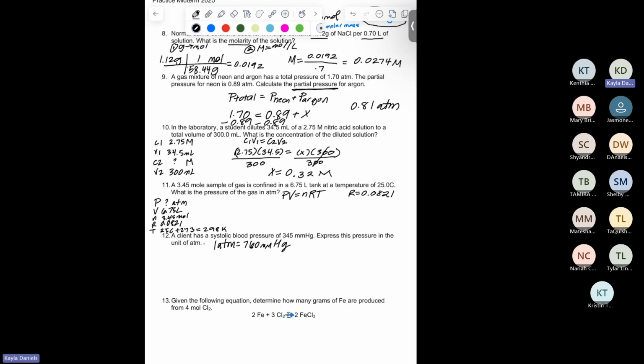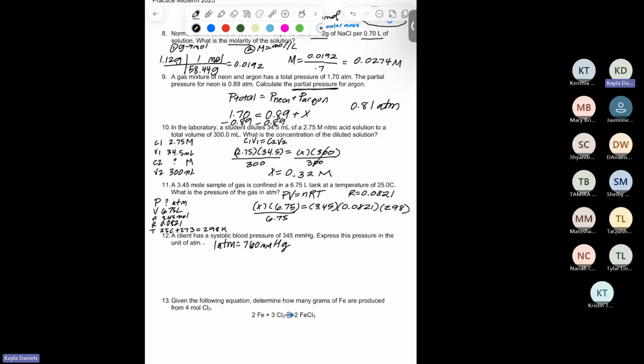So we have P, that's my X, V 6.75, N 3.45, R this weird value, T 298.